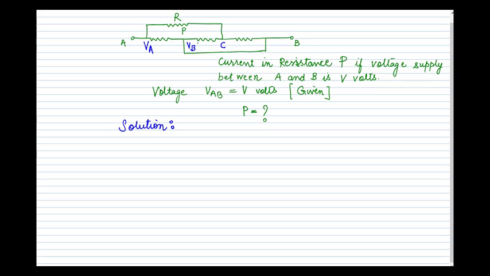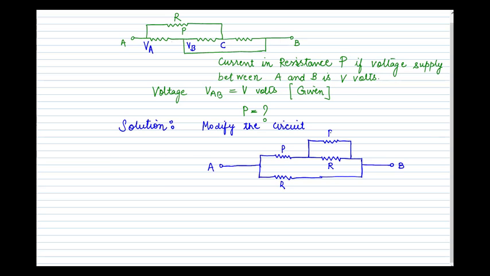so we need to modify the circuit. We have to draw it again. So this is how we have modified the circuit. This is point A, this is point B, and here you can see these are the two resistors in series. So we have drawn these two resistors which are in series.